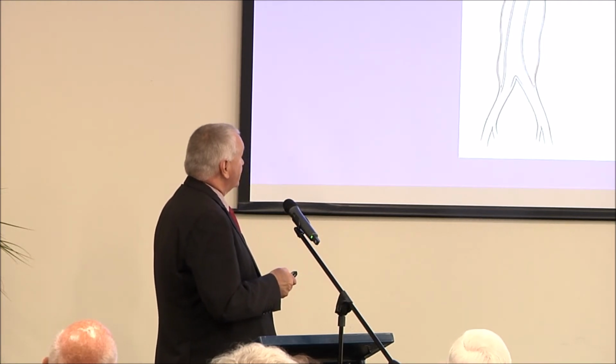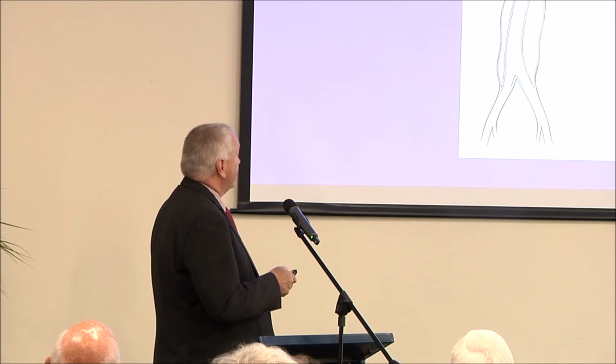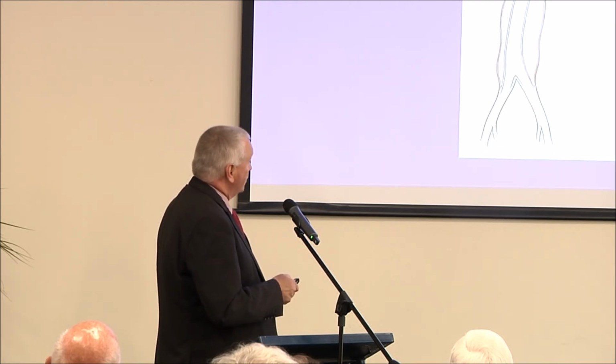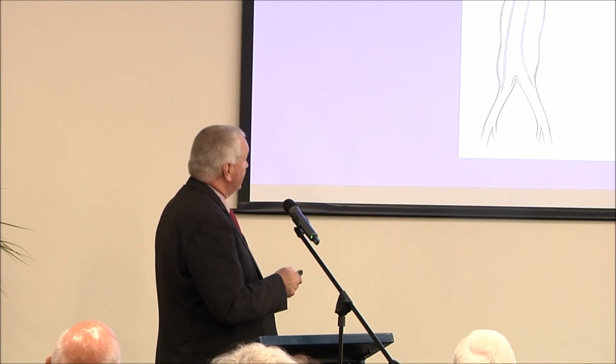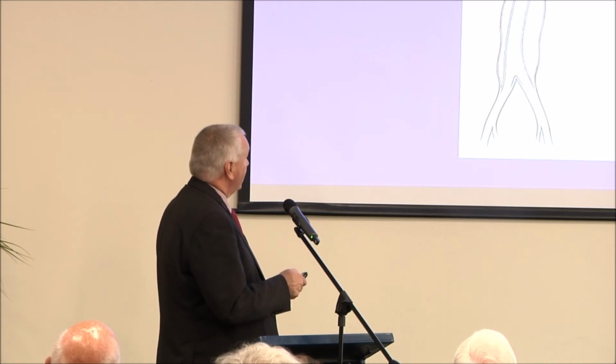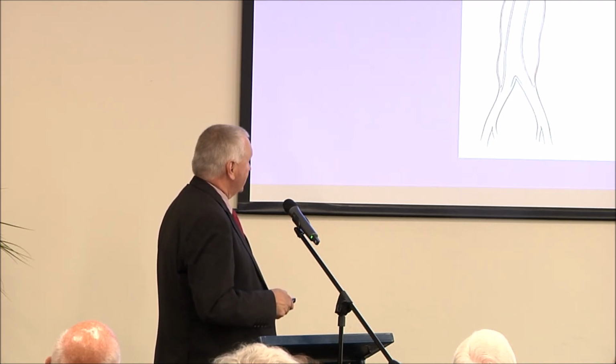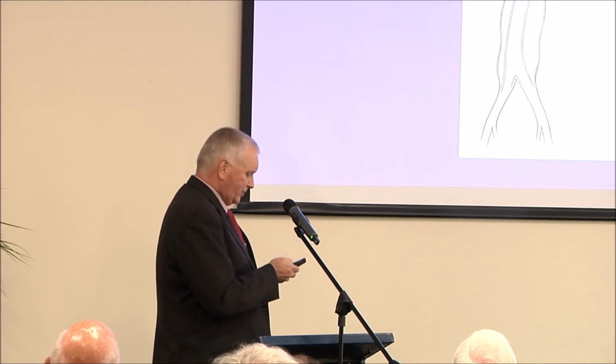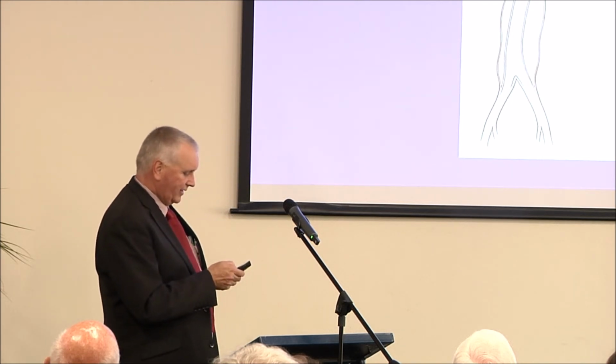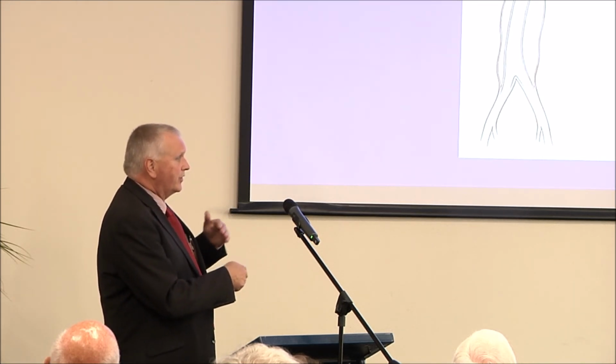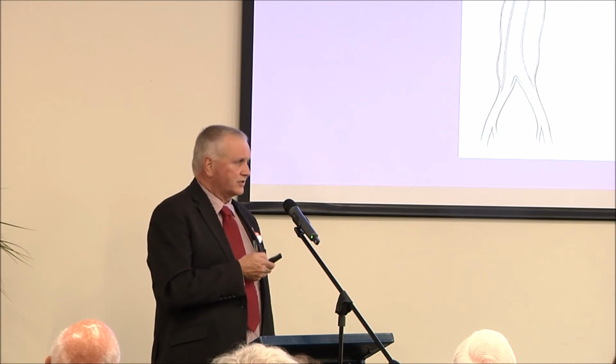Type B dissections leave the aortic root and the ascending aorta relatively alone and extend down into the abdominal aorta and sometimes into the iliacs. So there are two very distinctive types of dissection.